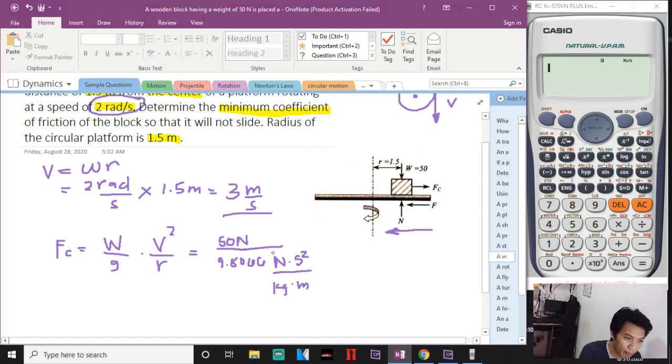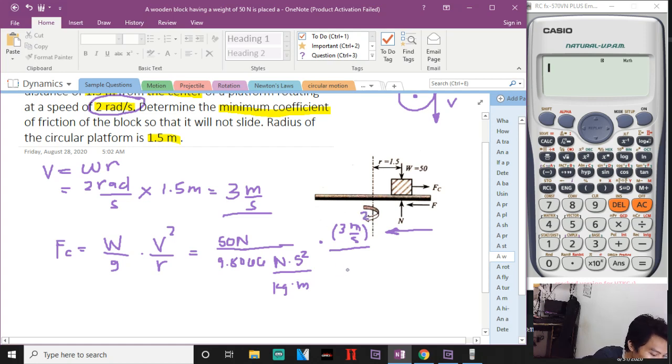Okay? Multiplied by yung v, that is 3 meters per second. Divide by R. I-square natin ito eh. Divide by R. What is your R?